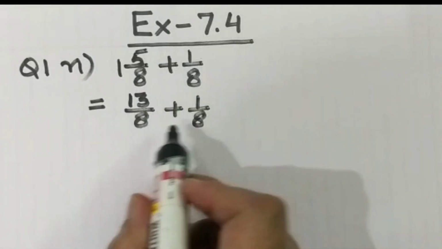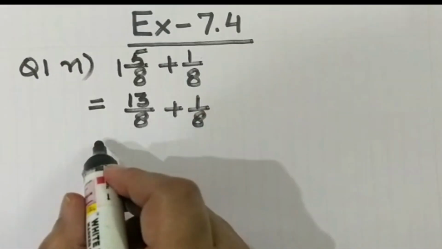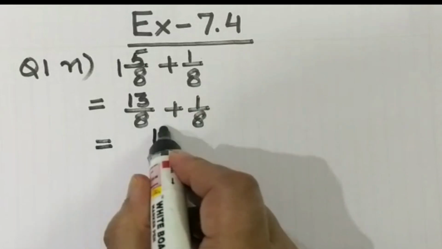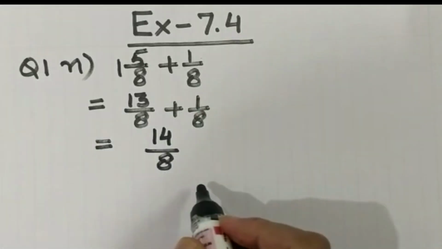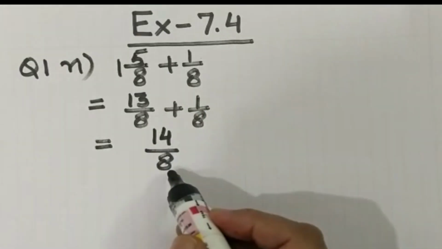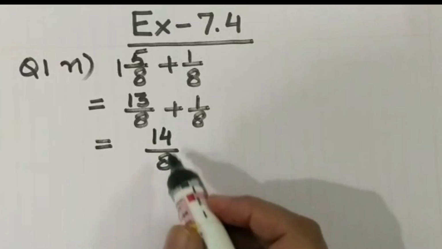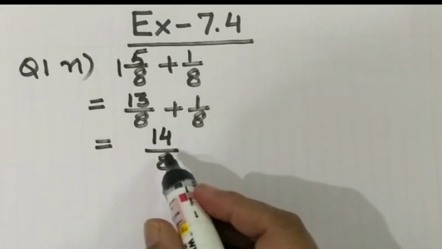So both are like fractions. So 13 plus 1 is equal to 14 upon 8. It is your answer.